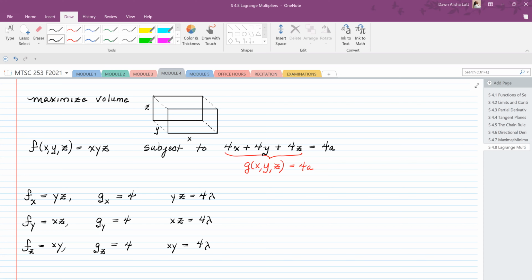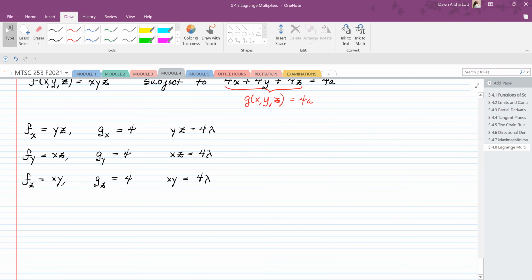Actually, I don't even have to do all that. They all equal 4 lambda, right? So if they all equal 4 lambda, they're all equal. So I get yz is equal to xz is equal to xy.